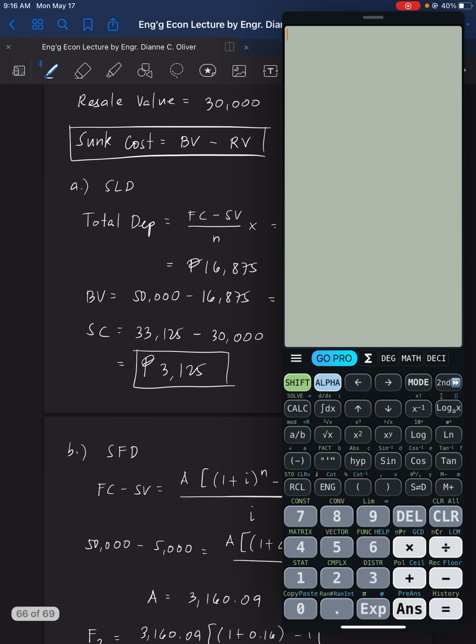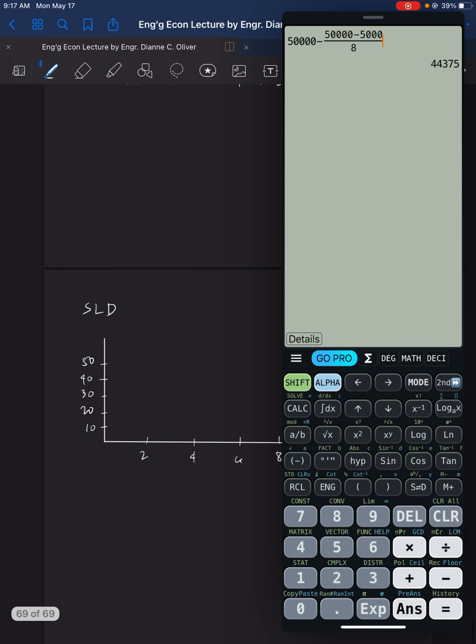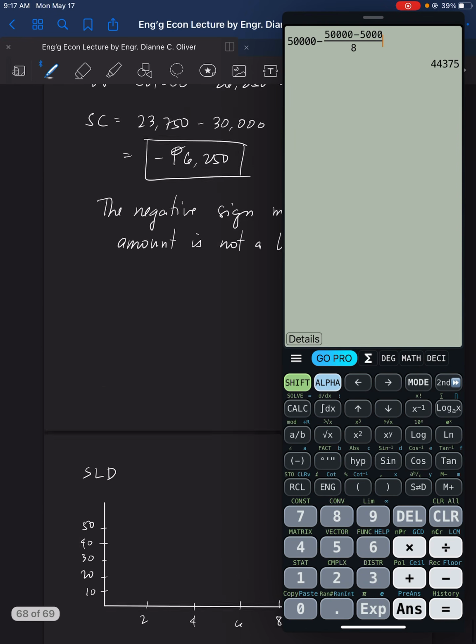For the book value, we have 50,000 pesos minus the total depreciation. So we have the first cost of 50,000 minus the salvage value of 5,000, the life of 8, and since we are using 2, 4, 6, 8 years, let's compute.